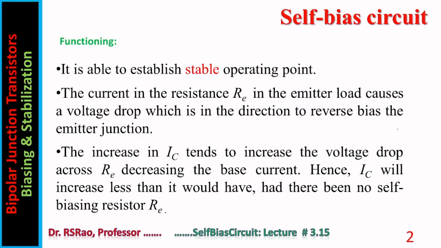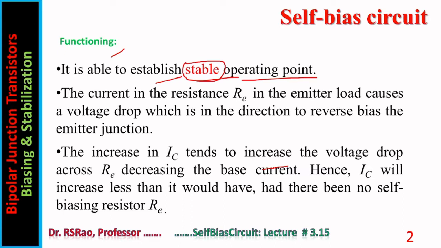We begin the session by considering a few key points regarding the functioning of the self-bias circuit. This circuit is able to establish stable operating point. The term stable is stressed here, underlined here.